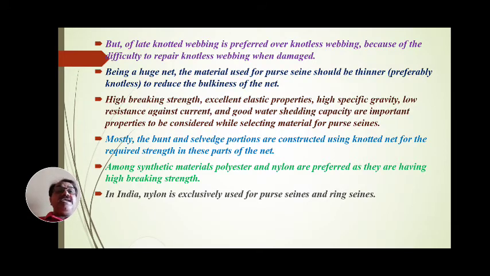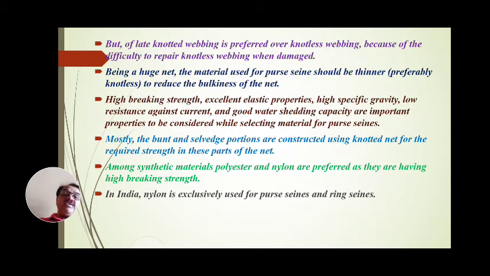High breaking strength, excellent elastic properties, high specific gravity, low resistance against current, and good water shedding capacity are important properties to be considered while selecting material for purse seine.